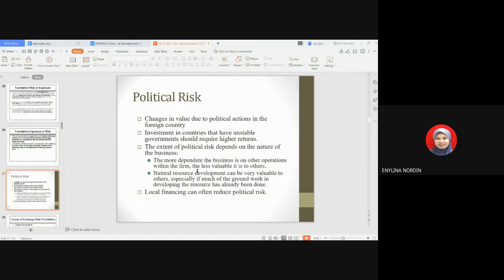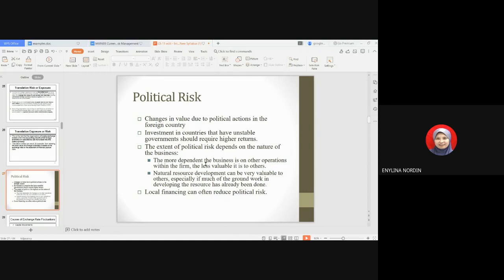Political instability will influence the exchange rate. So investment in countries that have unstable government should require higher return. Then investment in our country will be more risky, so the investors will demand a higher return.